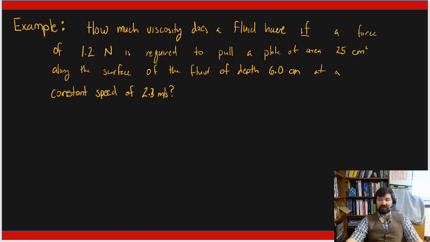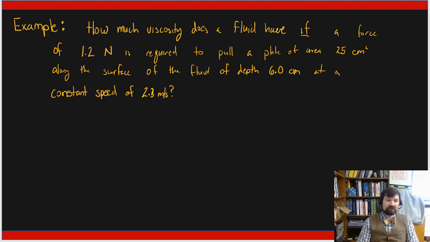Let's say that we have a fluid. Let's say that we've put a plate that's basically floating at the top of the fluid, and we want to drag some item through the fluid. And we're told how much force there is, we're told what the area is, we know what the depth is, and we know what the speed is, and basically we just want to know the value of the coefficient of viscosity.